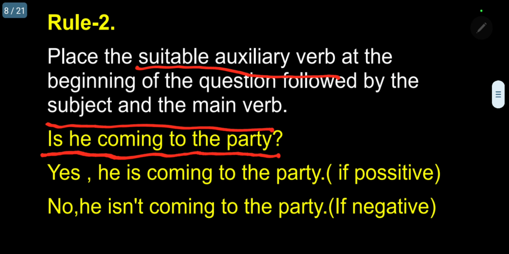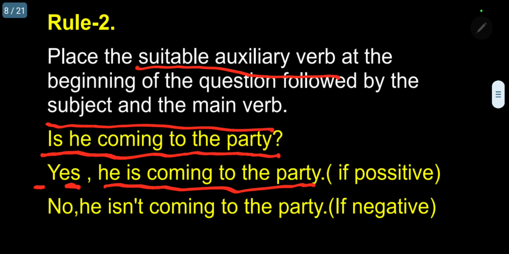So there are two possibilities. One is if he is coming, yes. Suppose he is not coming, we can use no. So first, yes. Yes, he is coming to the party. Positive. He is coming. So kindly follow.